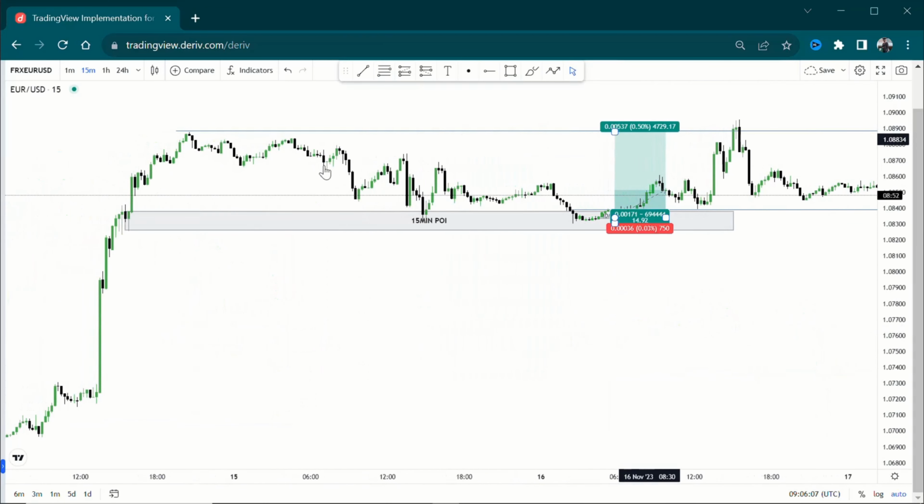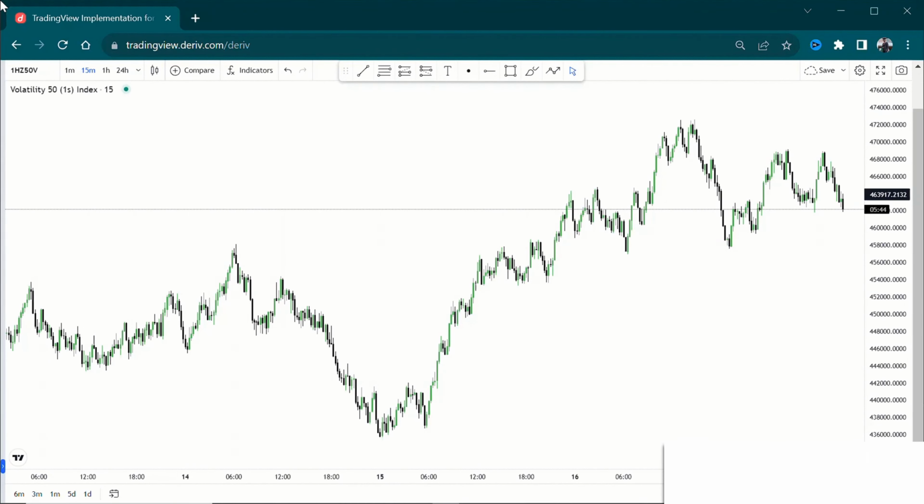All right, so let's try to look for our second entry setup, entry without inducement. Here's Volatility 51s.